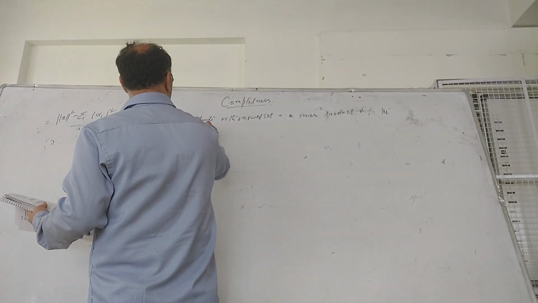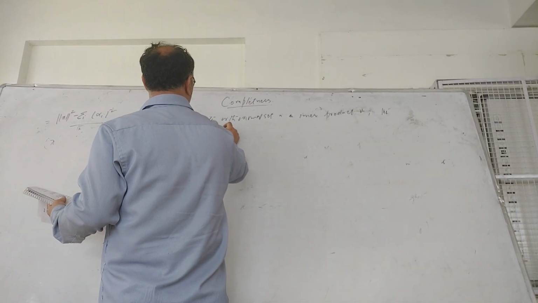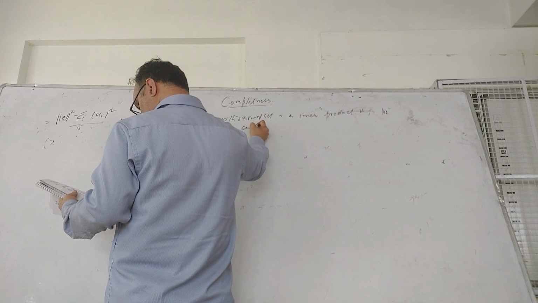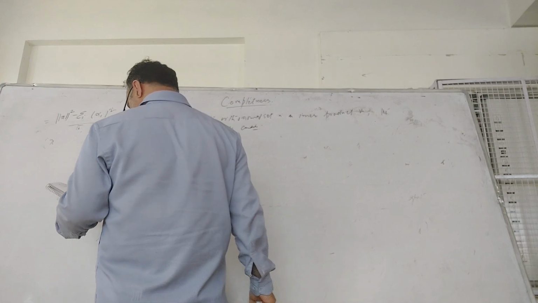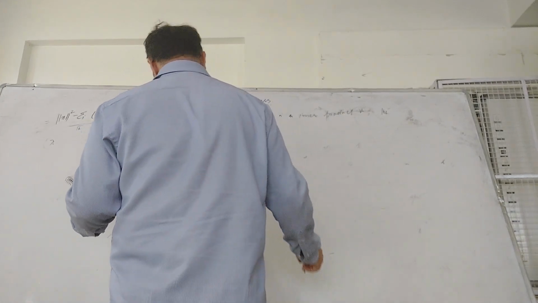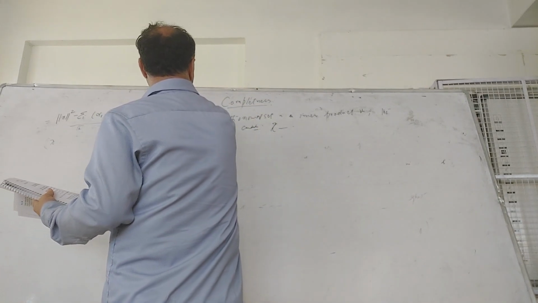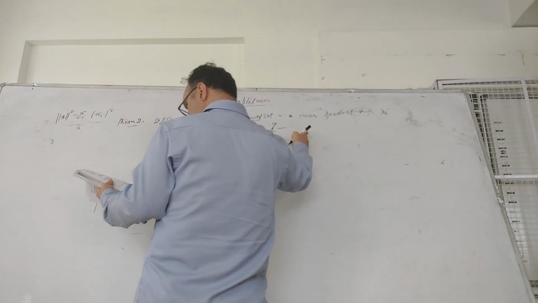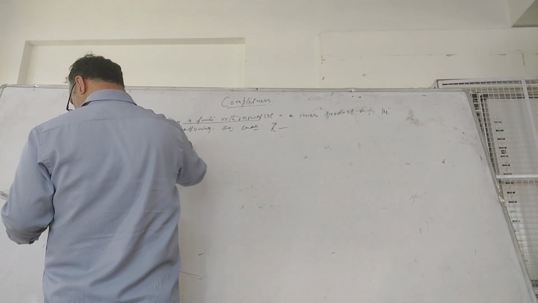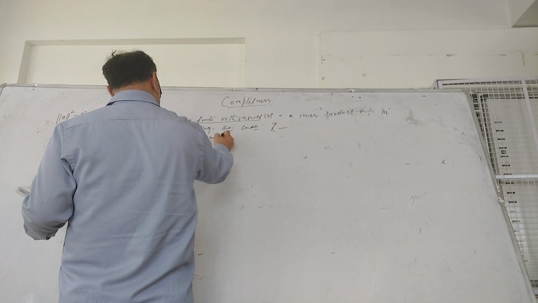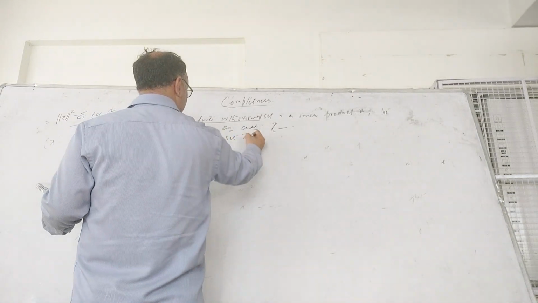So previously there were 2 assertions. Now the following 6 conditions or assertions must hold, where χ is a finite orthonormal set in this space. Assertion number 1: the orthonormal set χ is complete.